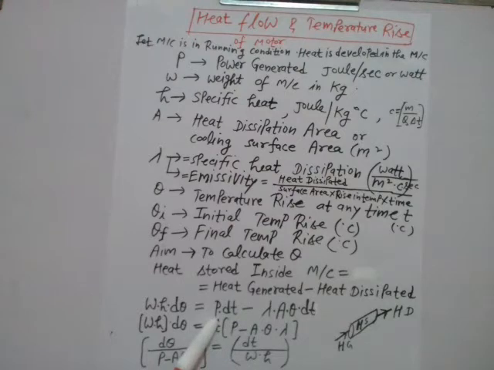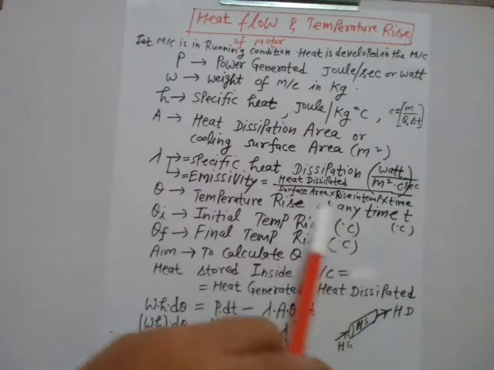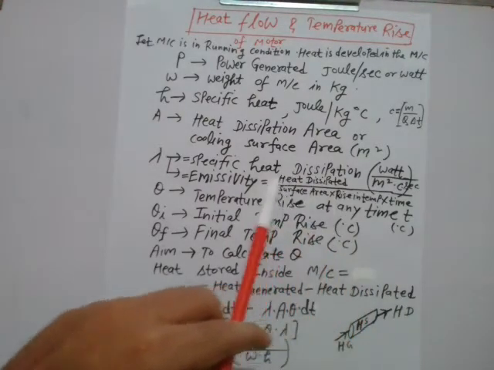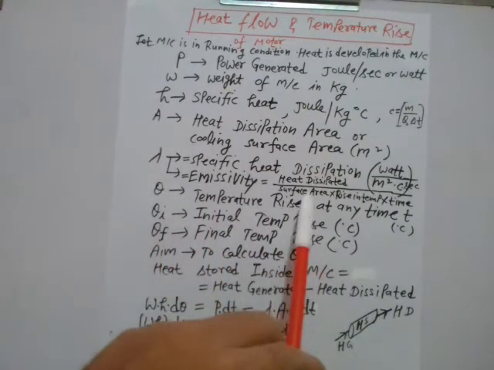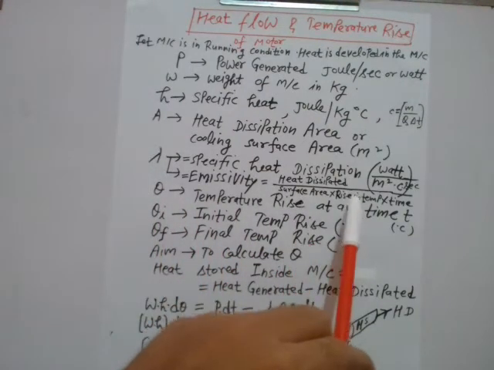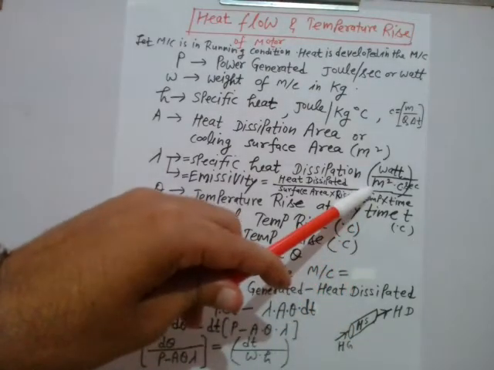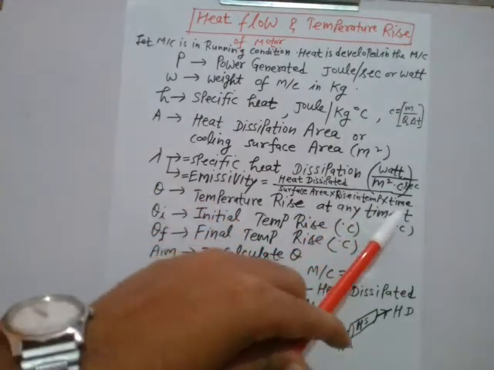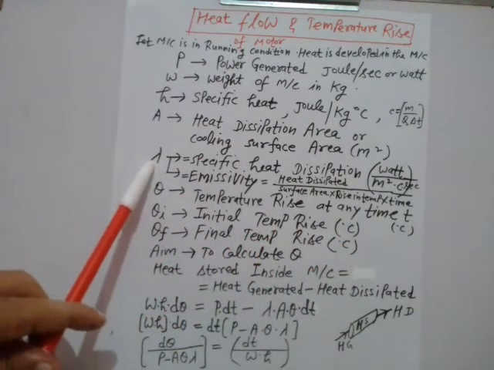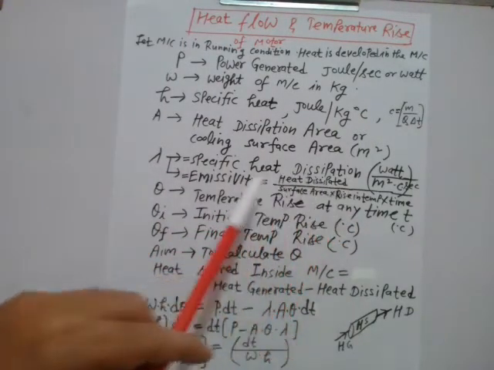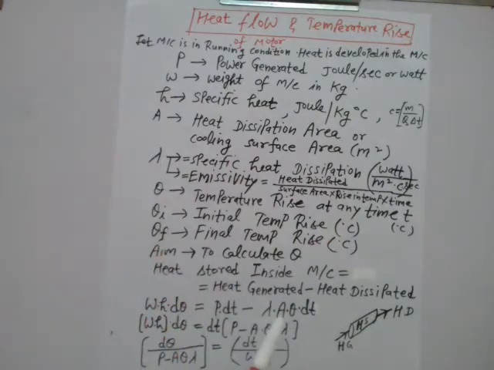So write power P into time dt minus the heat dissipated. To calculate heat dissipated, simply multiply surface area A, rise in temperature theta, and time dt into lambda. So heat dissipated is lambda into A into theta into dt.